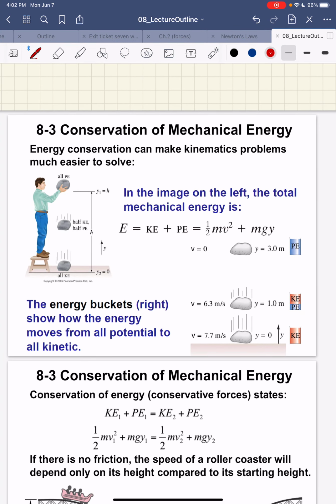Now, I will say also here, energy conservation can be a replacement for kinematics equations and dynamics also.